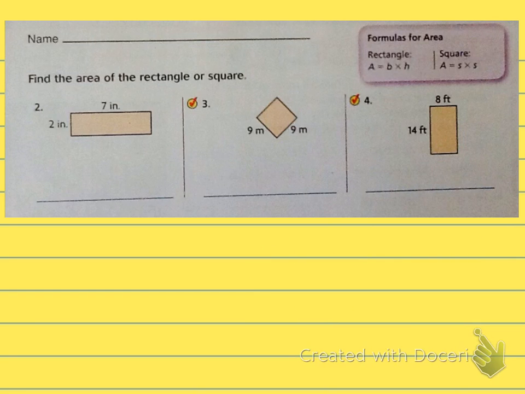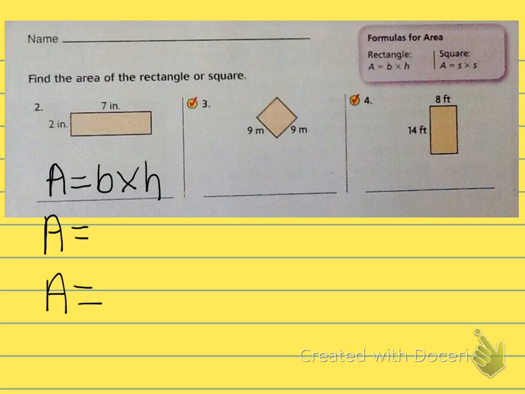Here's your work in finding the area of these rectangles. Make sure you're using your formula. In other words, before you start, write down the formula, area equals base times height, and then underneath it, write area equals, and put your numbers in, and then solve.